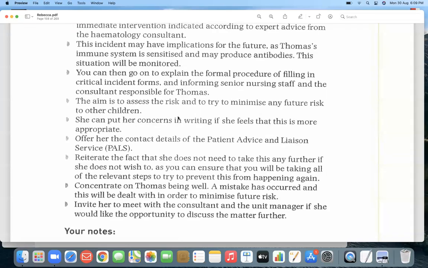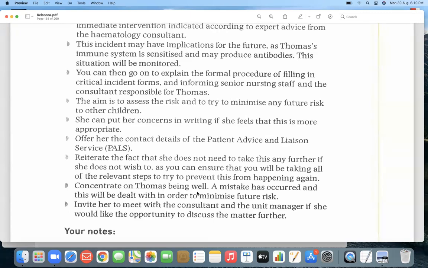If she insists on complaining with a written letter, offer her contact details of the patient advice and liaison service. Reiterate that she does not need to take this any further if she does not wish to, as you can ensure that you will be taking all the relevant steps to try to prevent this from happening again.